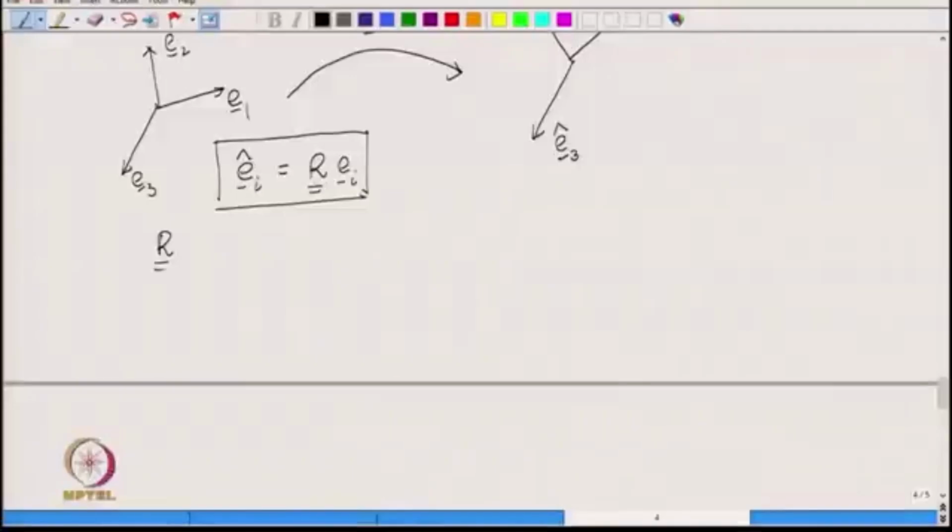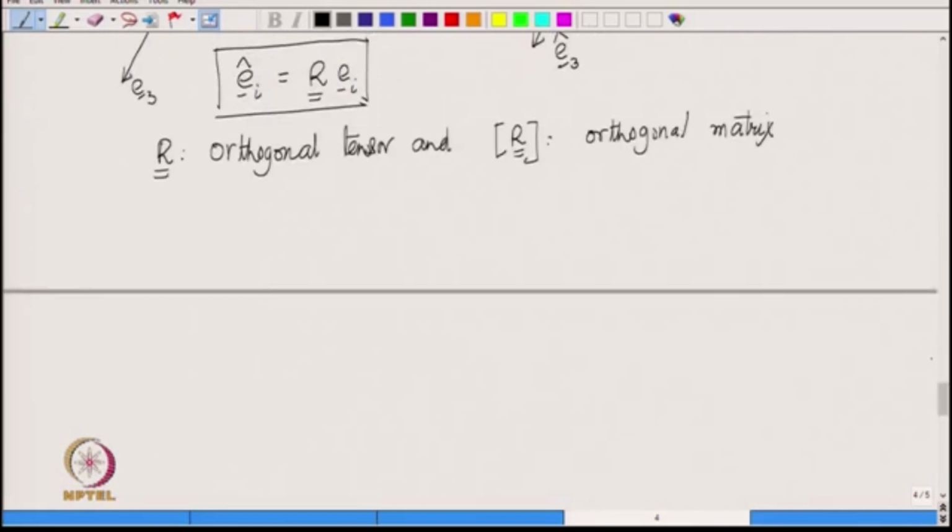So, R, we say it is an orthogonal tensor, and its matrix form is an orthogonal matrix, and such matrices have a unique property, that is, you take R, multiply with its transpose, or you take R transpose and multiply with R, then you get identity, an identity matrix.